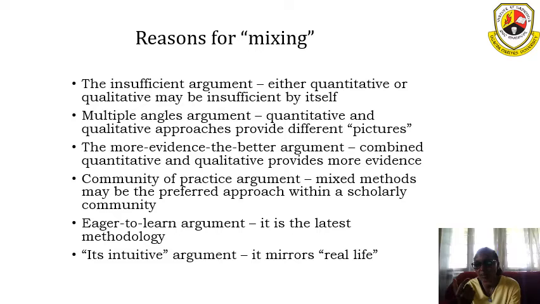If you look at the research articles you presented, the people who were presenting their research designs were giving reasons for why they chose a particular research approach, why they chose a particular research method.